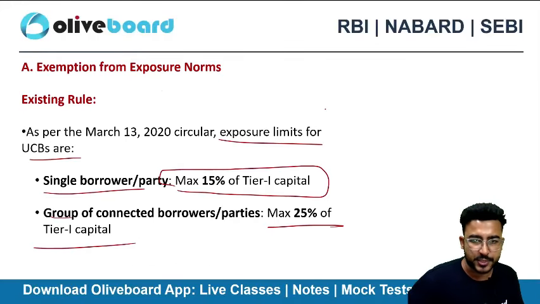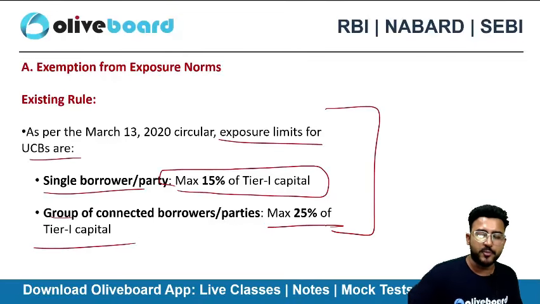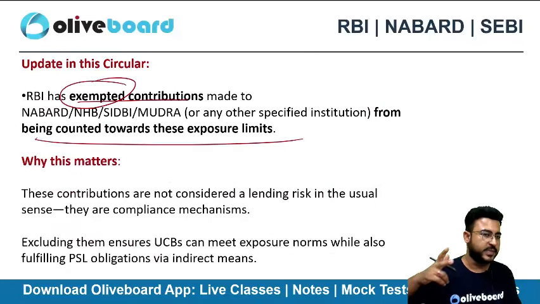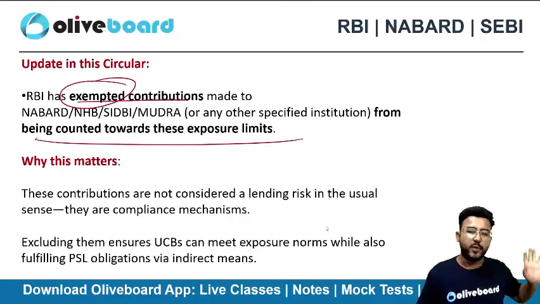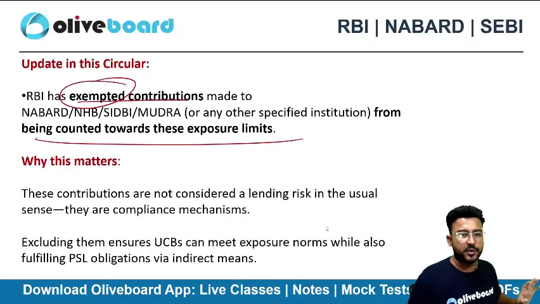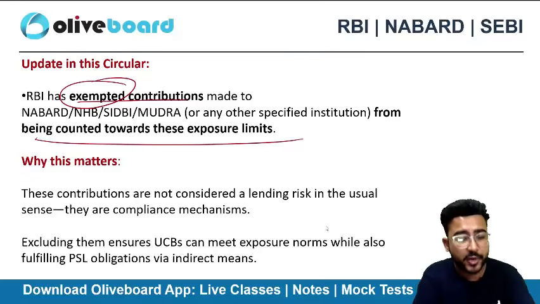This is the exposure limit. The contribution to NABARD, NHB, SIDBI, Mudra will be completely excluded for this purpose. Whatever contribution you are making in this particular fund will not be counted in this limit.